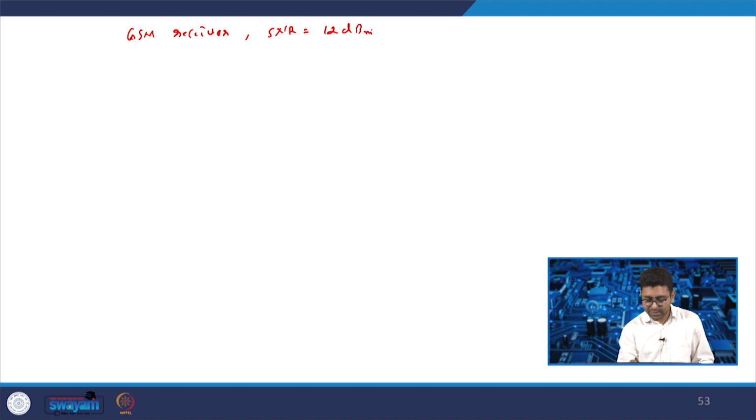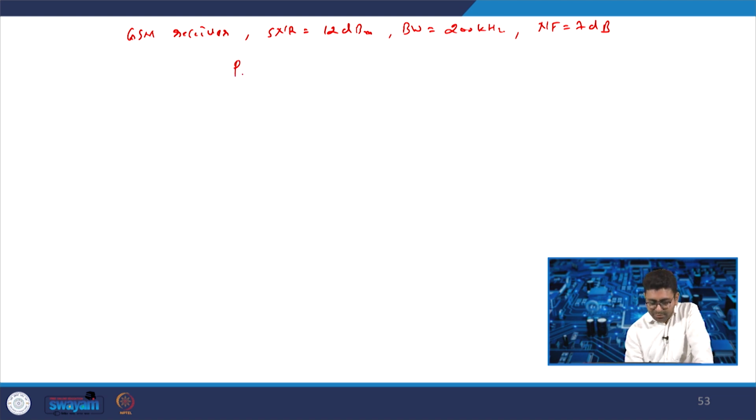It is 12 dB, not dBm, and your bandwidth is around 200 kilohertz. What is the sensitivity, if the noise figure of the system is 7 dB? So what is the sensitivity of receiver required?